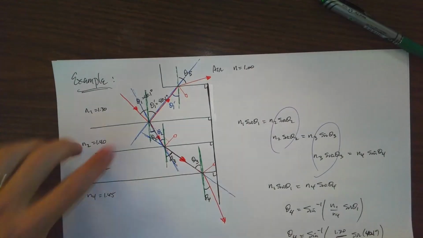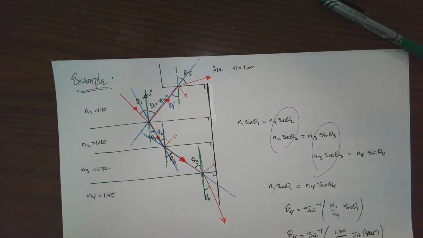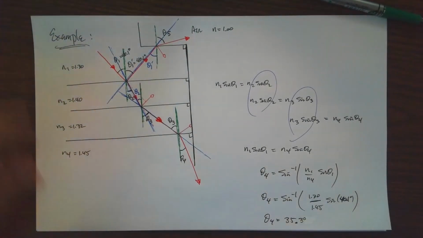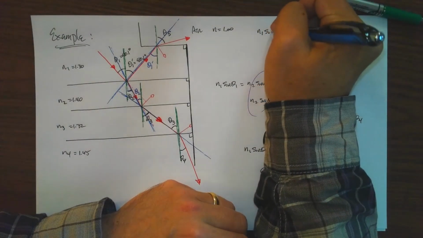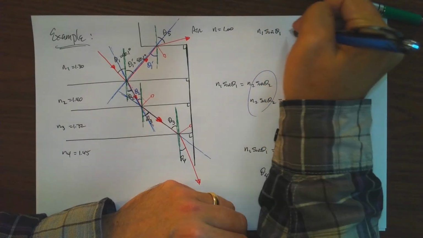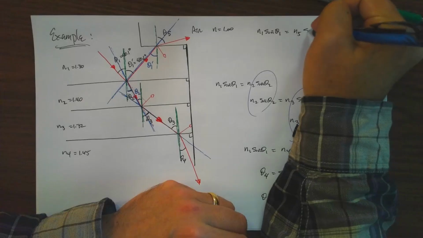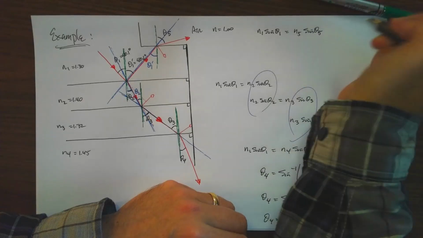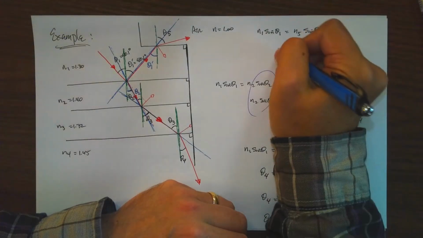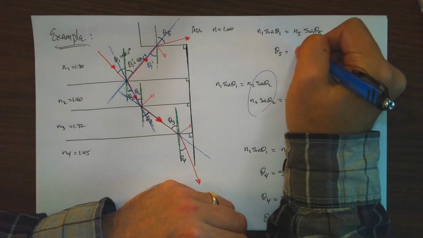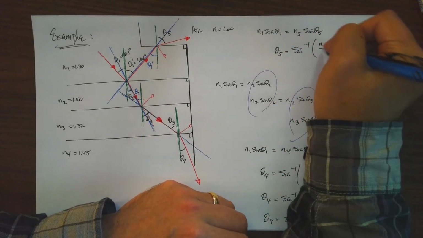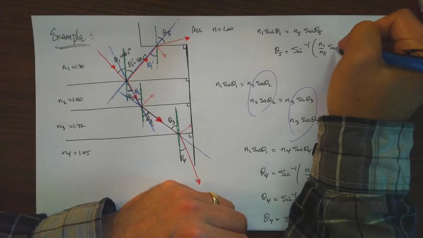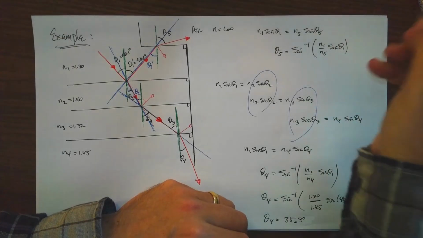And so then we can run to solve for theta 5 just by doing Snell's law. So then I would do n1 sine of theta 1 is n5 times sine of theta 5. And then to solve for theta 5, this is the inverse sine of n1 on n5 sine of theta 1.